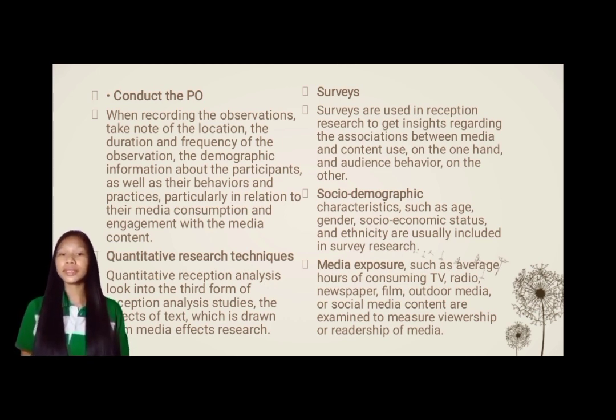Socio-demographic characteristics such as age, gender, socioeconomic status, and ethnicity are usually included in survey research. Media exposure, such as average hours of consuming TV, radio, newspaper, film, outdoor media, or social media content, is examined to measure viewership or readership of media.